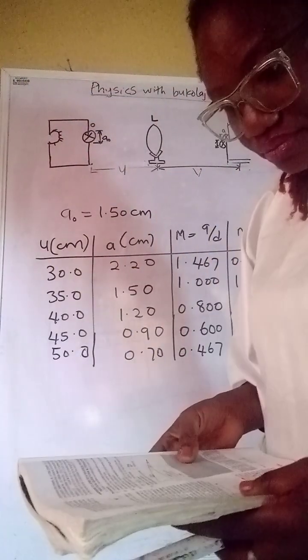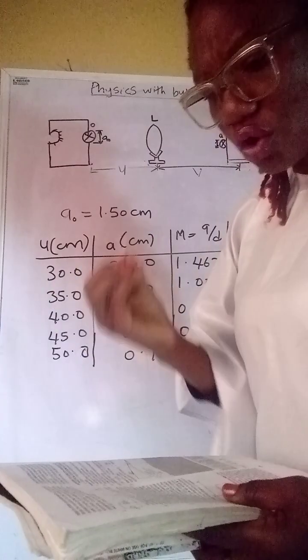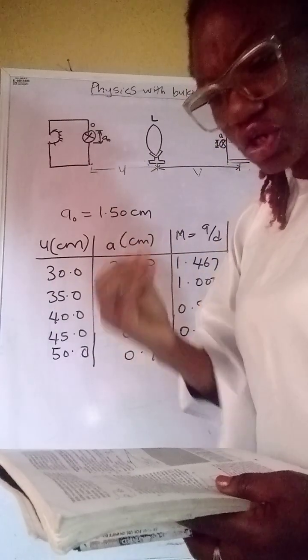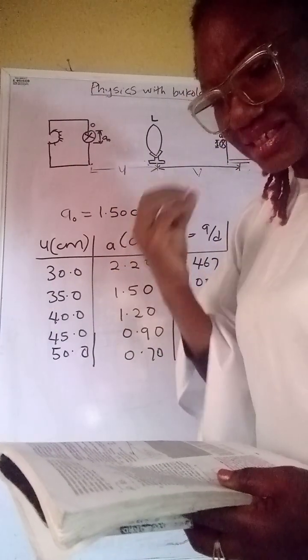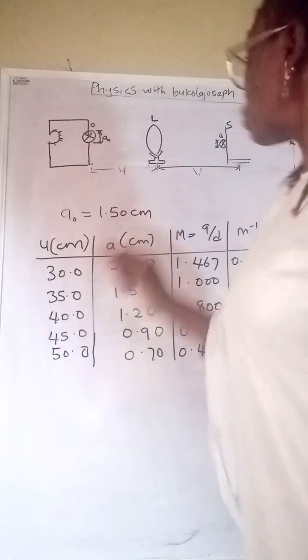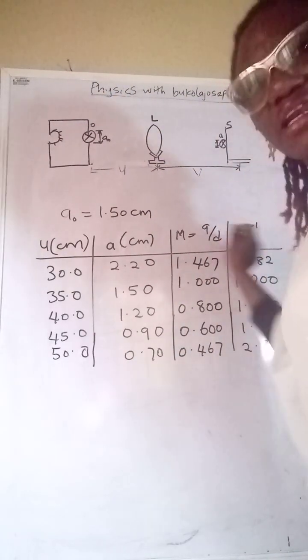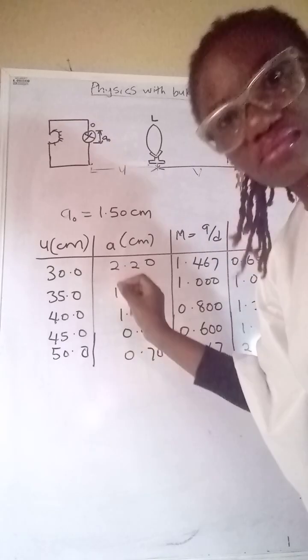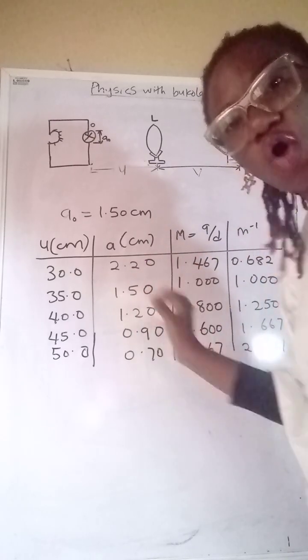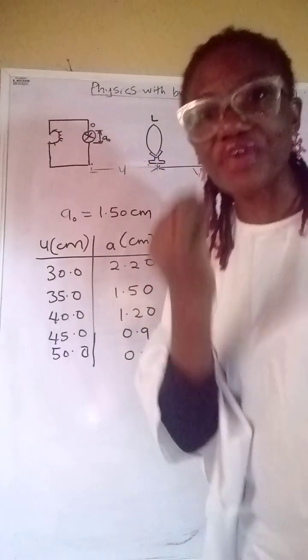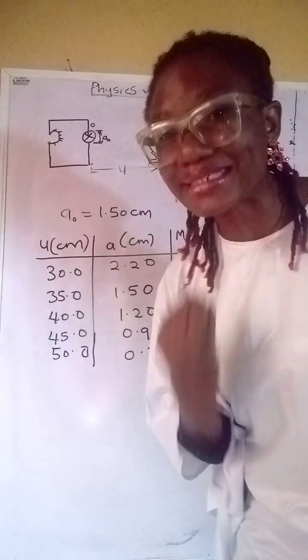What does it say? Adjust the screen until a sharp image of the illuminated object is obtained on the screen. So this screen is something that is movable. So you move it to the left, to the right, until you can see a very sharp image on the screen.